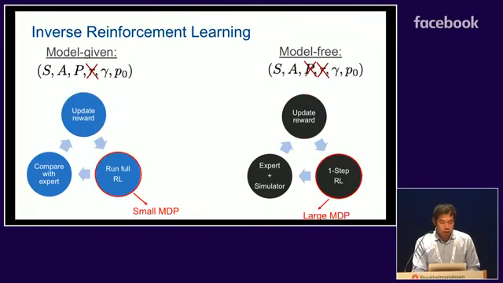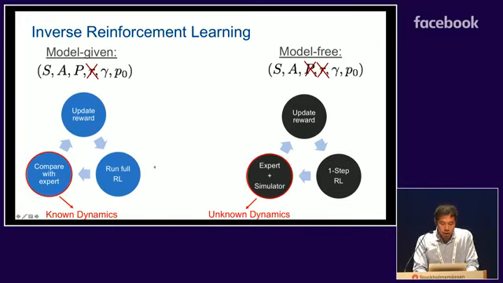We go from solving a full reinforcement learning problem in each iteration, which basically limits us to small MDPs, to doing a single-step reinforcement learning update. And essentially, that allows us to work with continuous state space MDPs. This fast reinforcement learning update is possible also thanks to all the advances in stochastic optimization, particularly with deep neural networks.